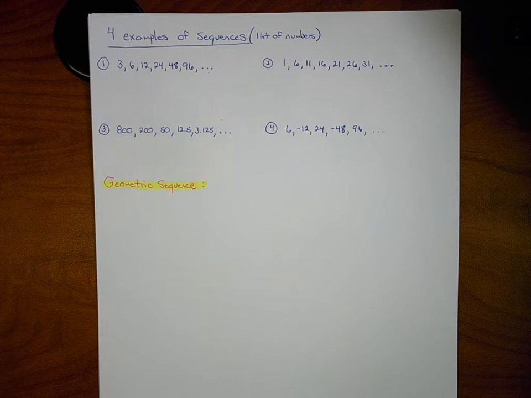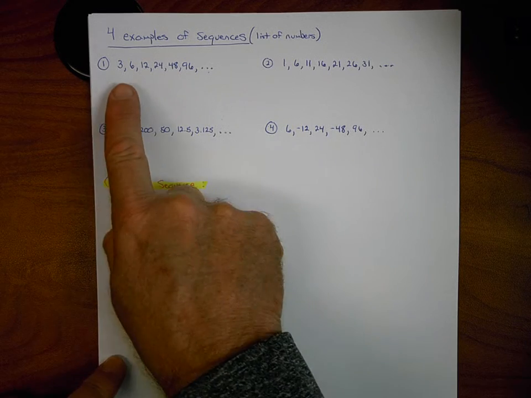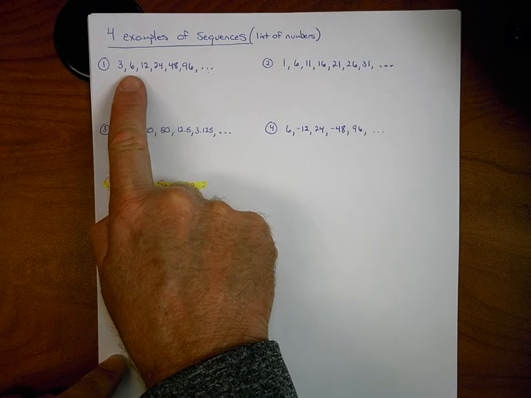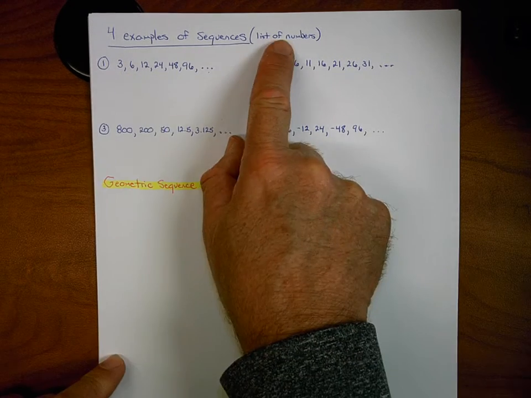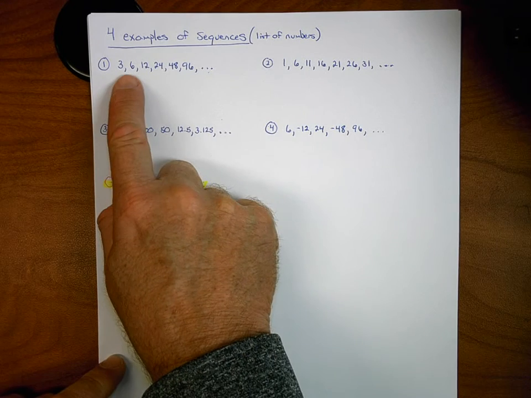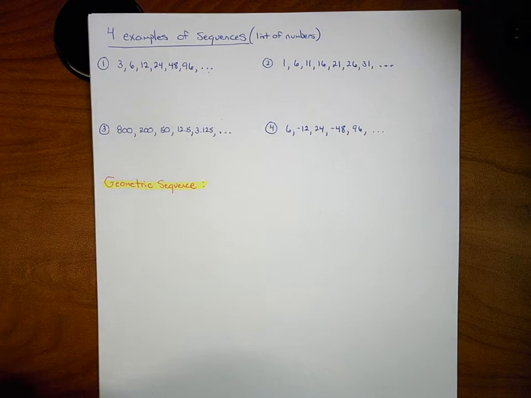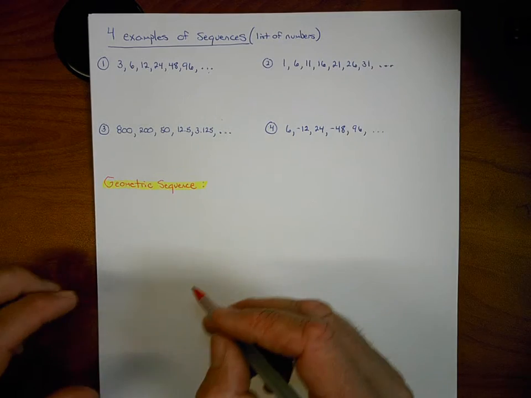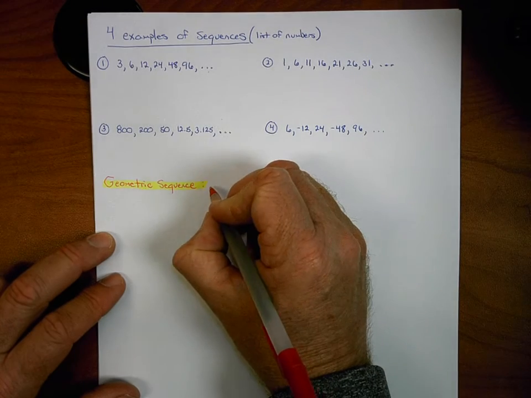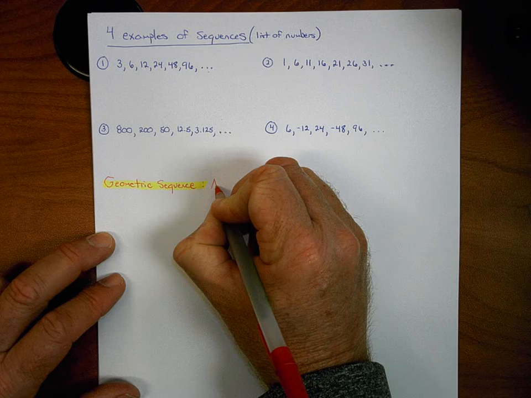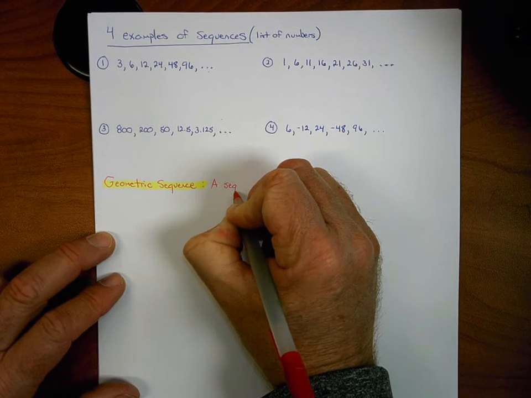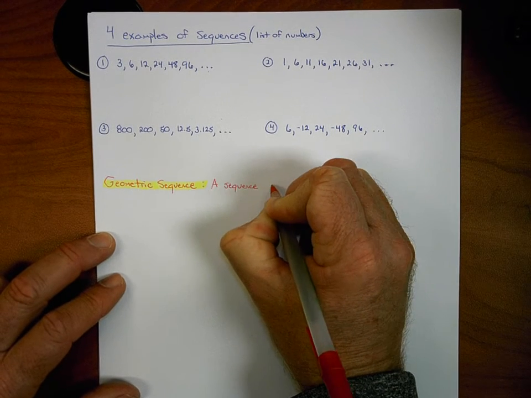A geometric sequence is, by definition, a list of numbers where the next number is always being generated by multiplication or division.